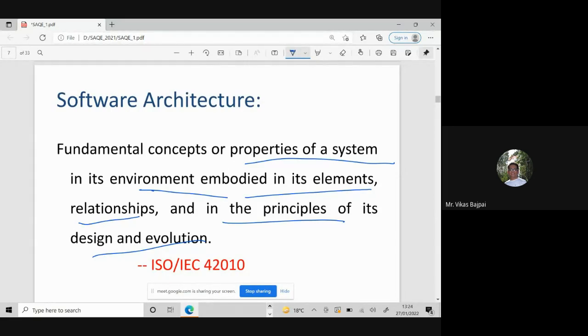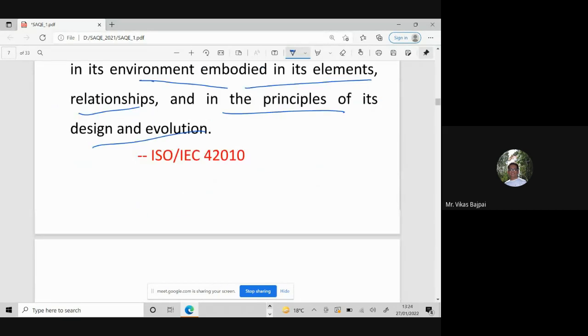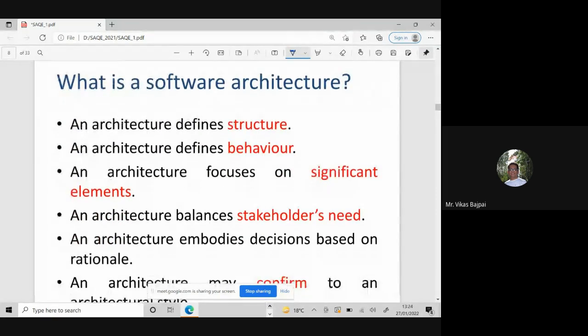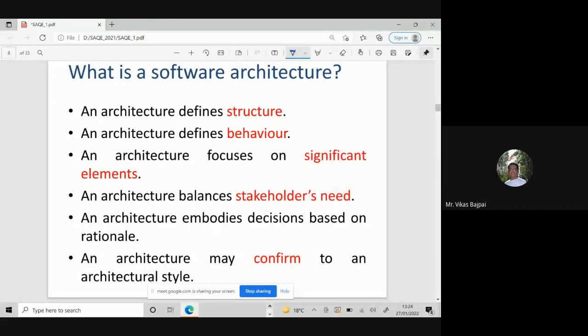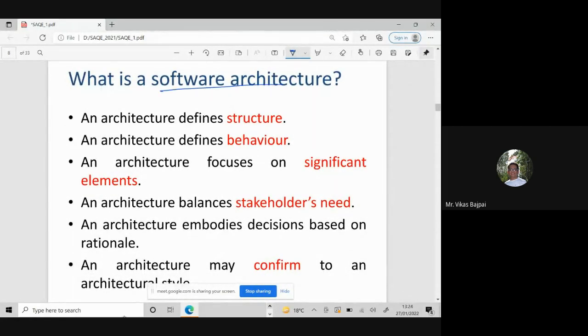Basically, software architecture gives you an abstraction to manage the system complexity and to establish a communication and coordination mechanism among the components. Now, what basically is a software architecture? These points will answer this.